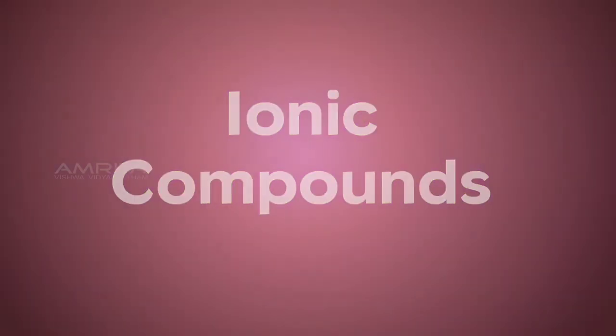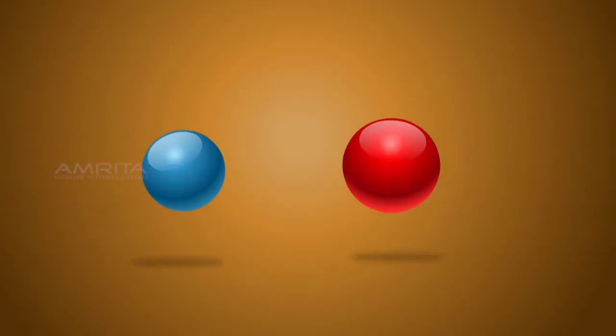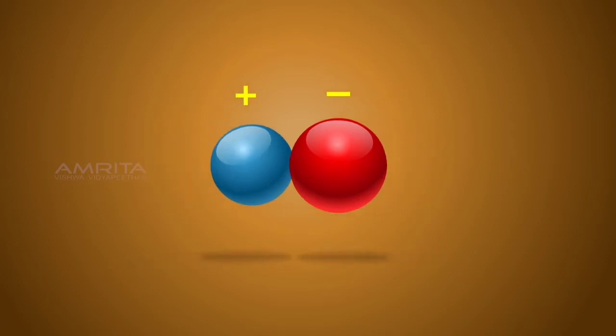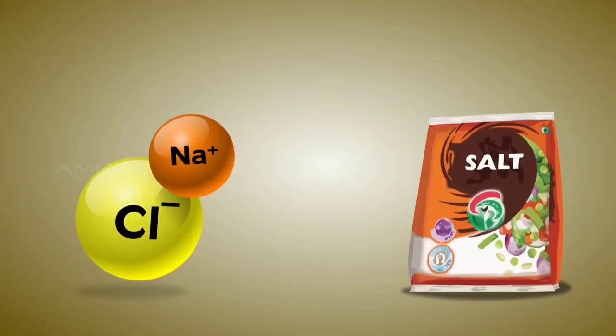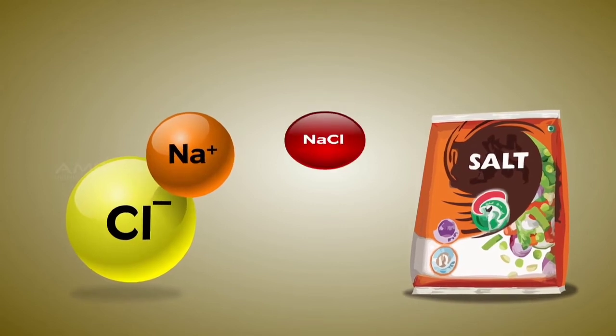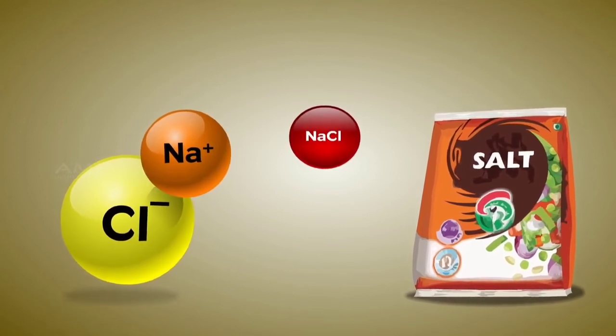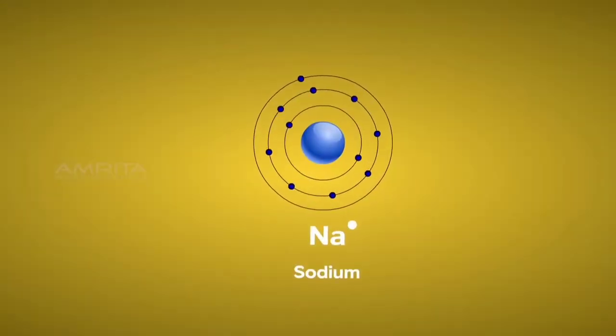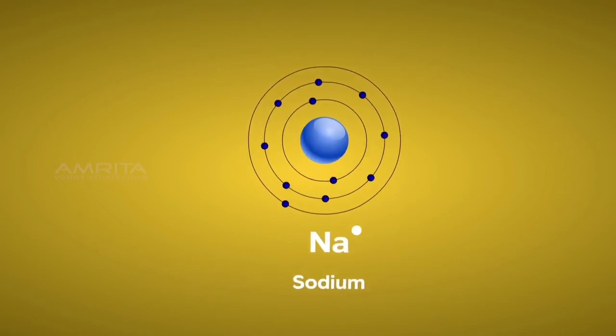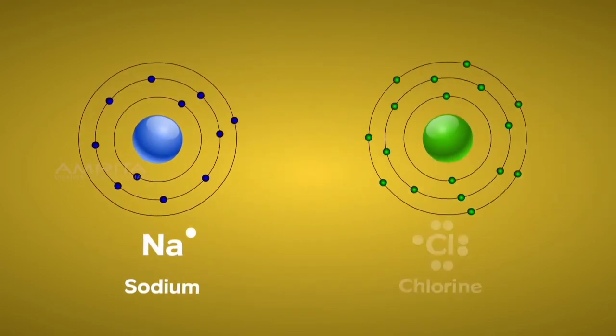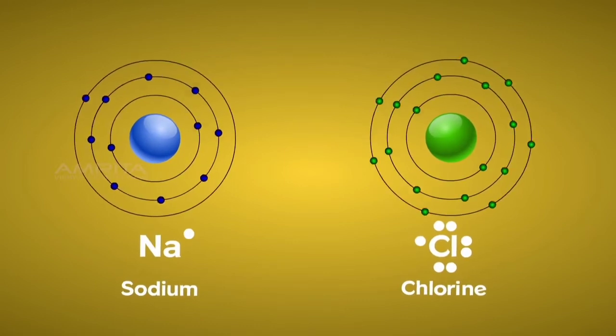Ionic compounds contain ions that are held together by the force of attraction between oppositely charged ions. Sodium chloride or common salt is a good example of an ionic compound. A sodium atom has 1 electron in its valence shell, but chlorine has 7 electrons in its valence shell.